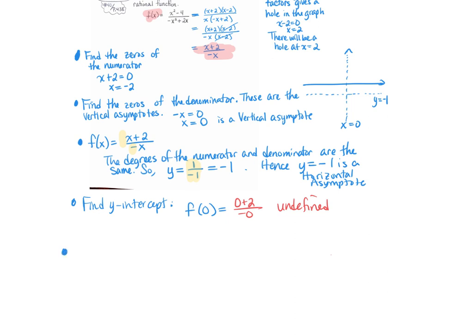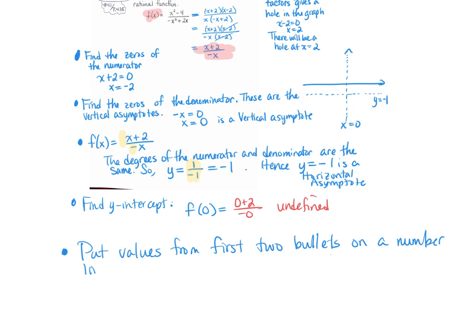Put values from first 2 bullets on a number line and test points, because you want to see if your graph is going to be positive or negative, so you know whether the graph is above or below.